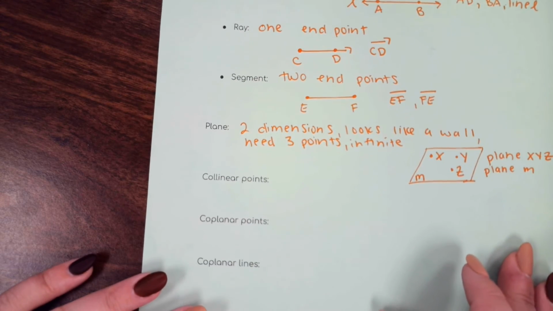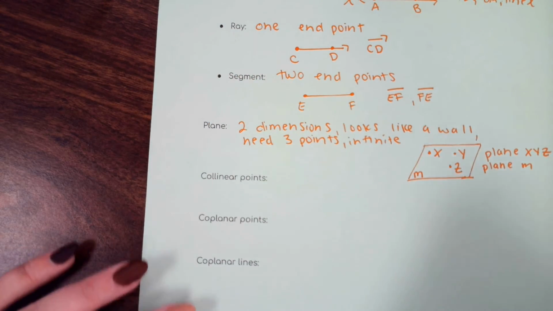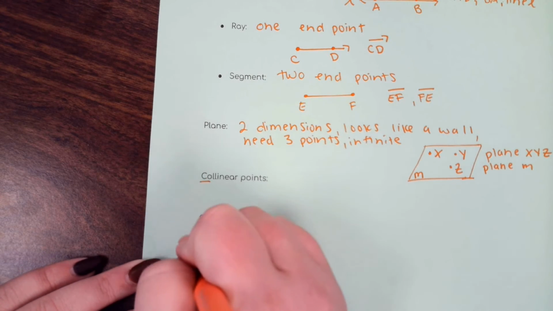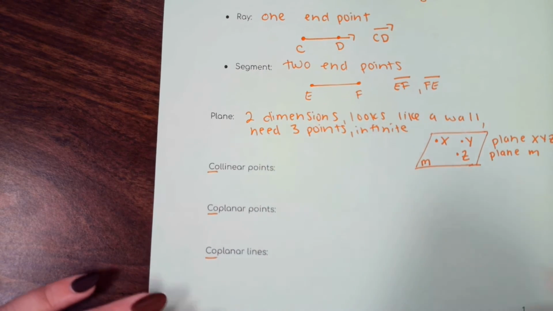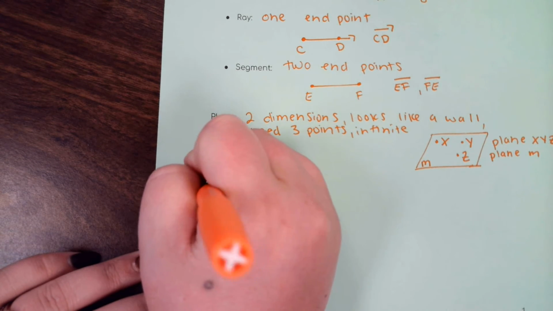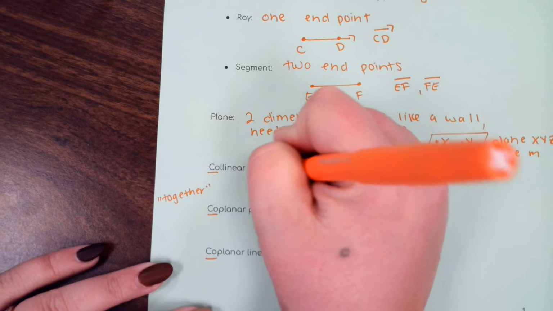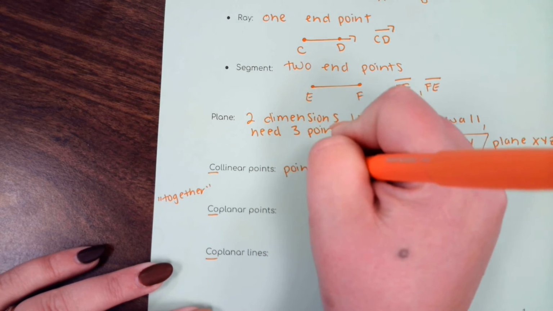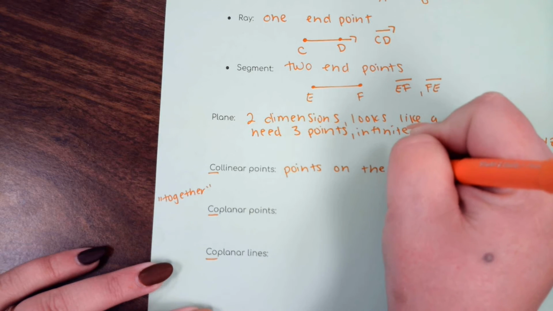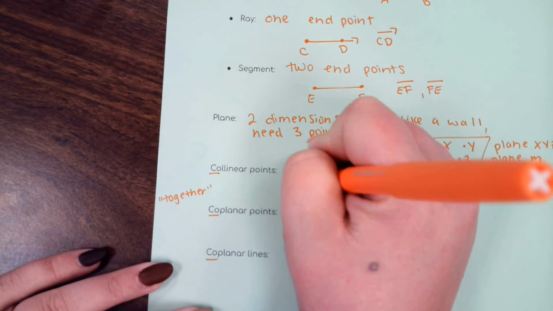All right, the next 3 definitions are using point, line, and plane, and it's kind of how they're related. So they all have this prefix co. That means together. So collinear points are points on the same line.